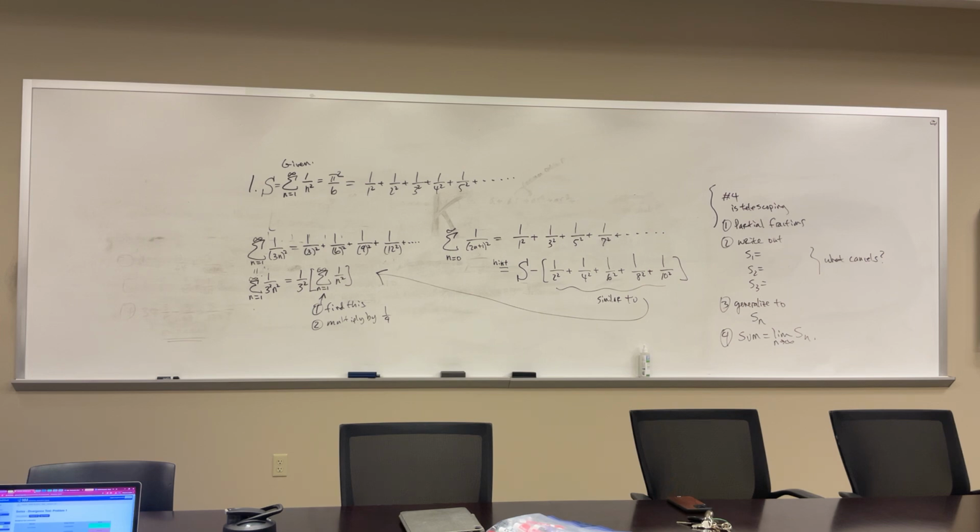Wait, no, sorry, I just wanted to check something here. Where did we start? I'm doing the second one. I'm a little confused how you went from this to that. Can you explain that to me?